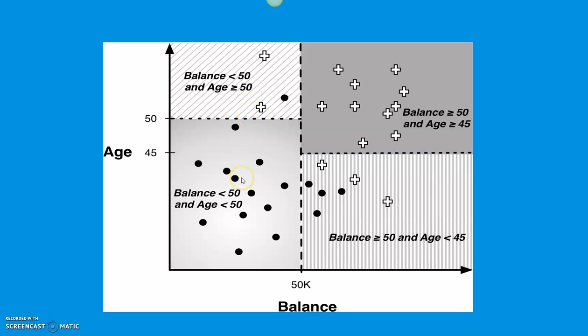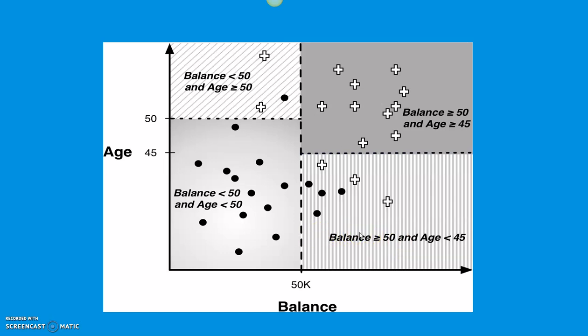In this picture, you can assume that the pluses represent good customers, meaning they're not written off, and the black dots represent bad customers or people whose balances have been written off, right? Let's go to this side of the picture, where the balance of the customer is bigger than 50,000.